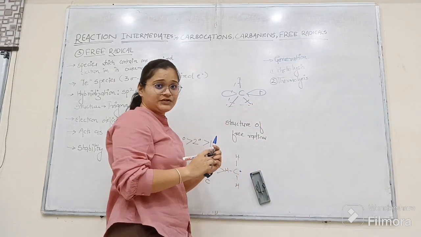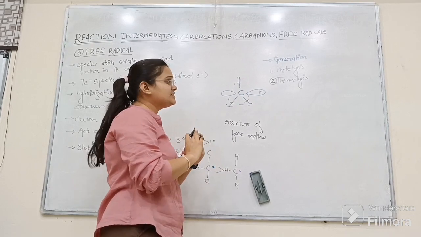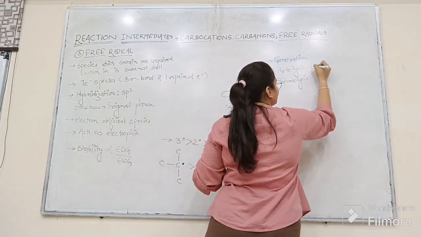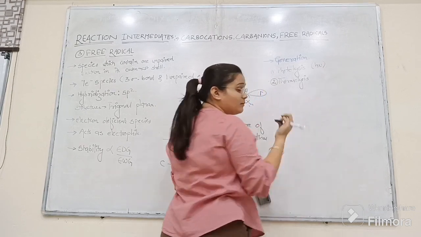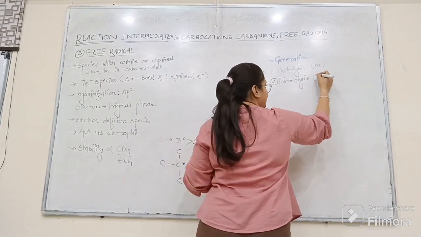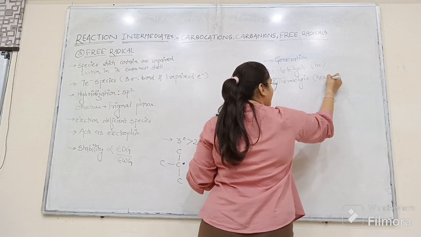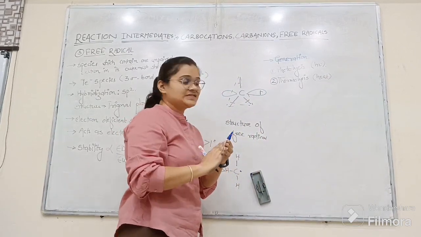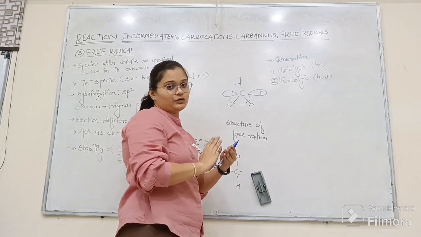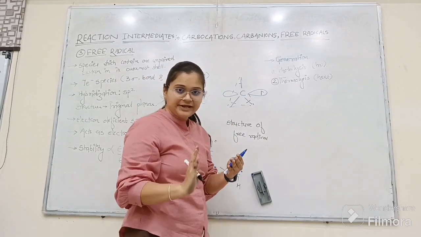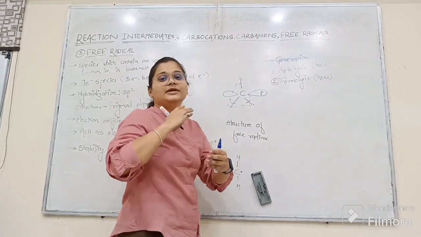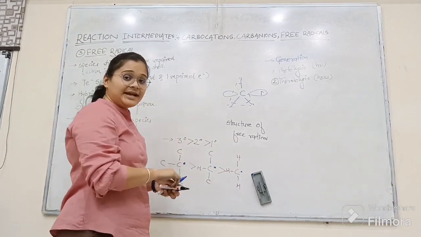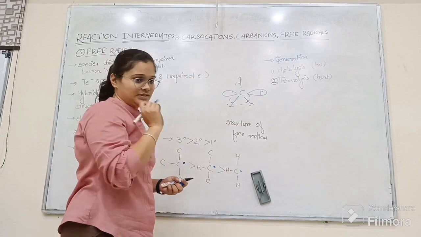As the name suggests, photolysis means it involves light or photons, that is h nu, and thermolysis means it requires heat. So generation of free radicals involves photolysis as well as thermolysis. Photolysis means involvement of light, and thermolysis means involvement of heat during a chemical reaction. So the free radicals can be generated by these 2 ways.